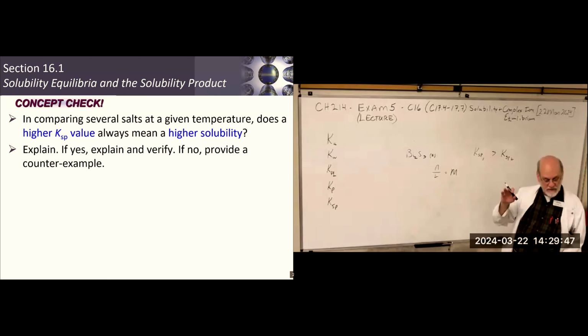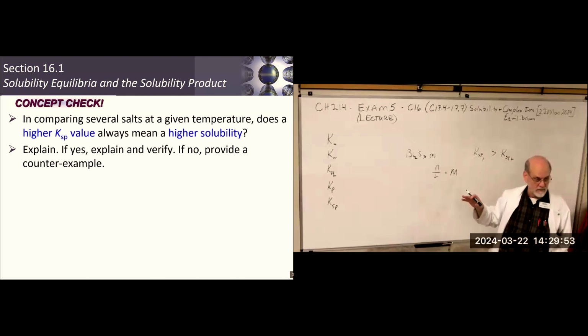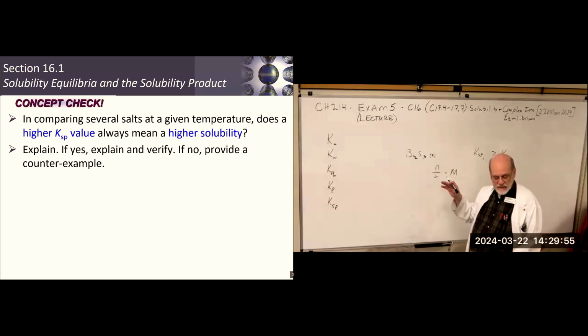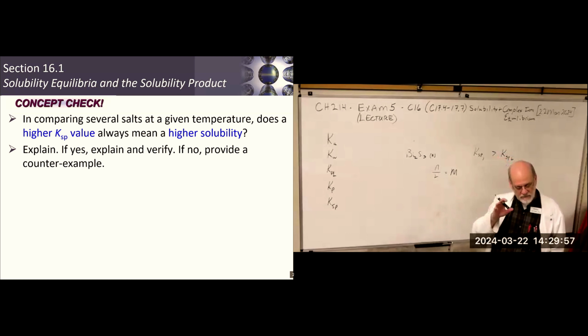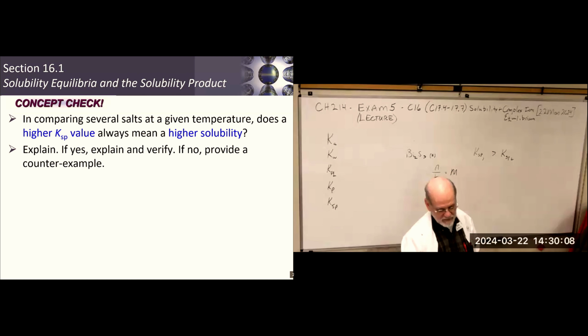But the question is, does that mean that the solubility is bigger? And the answer is no. Because the way you calculate it, including the powers, will give you a different value for solubility than it is for the Ksp. So I think examples would help here.